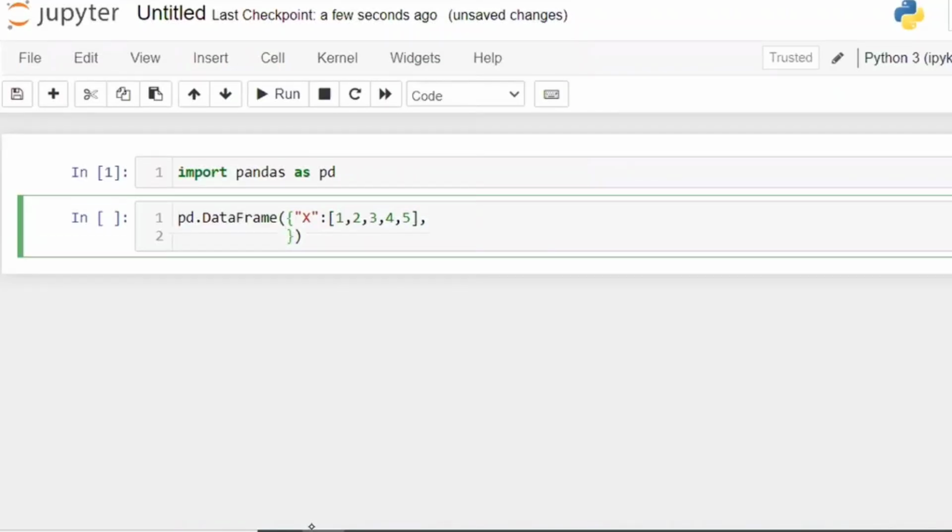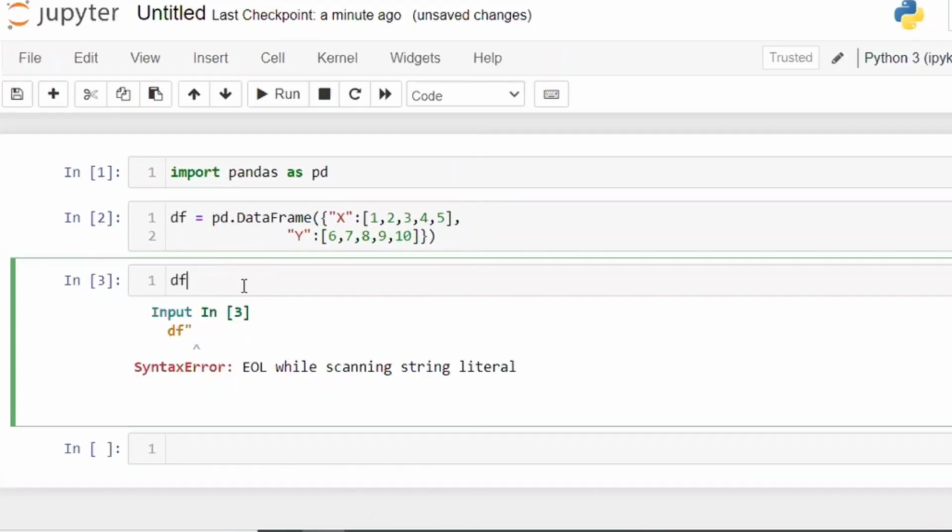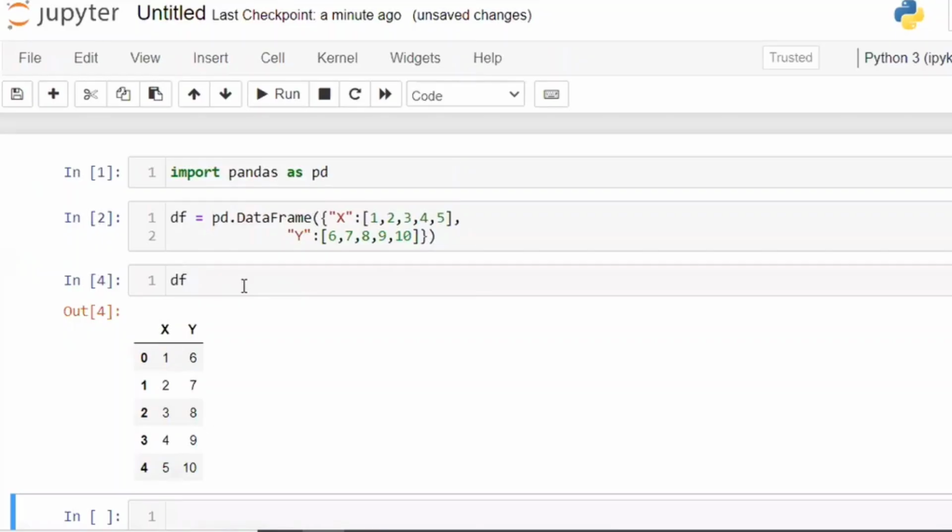In the same dictionary, one more key y, and colon, and I'm going to give 6, 7, 8, 9 and 10. I'm going to store this in a data frame called df. And df is ready. Let me check my df. Okay, the same example whatever I have told you.